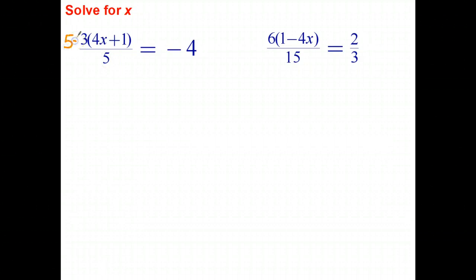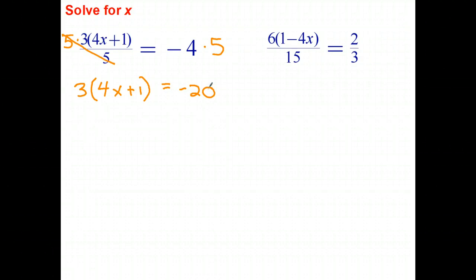So if I multiply by 5 on the left, I have to multiply by 5 on the right. The 5s divide out, and I'm left with just 3 times (4x plus 1) equals negative 4 times 5, which equals negative 20.